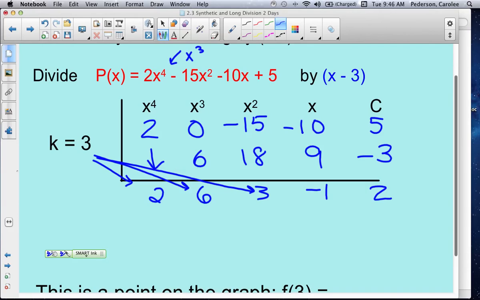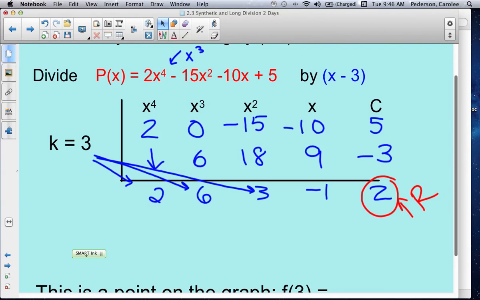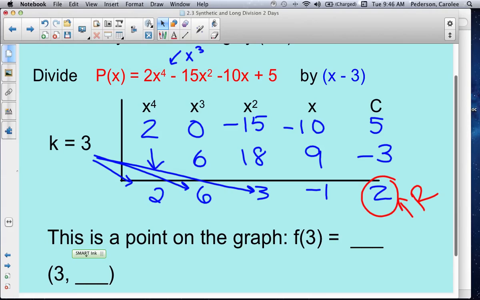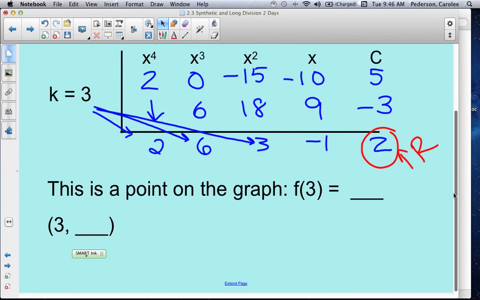Did we get a remainder? Yes. What is the value of our remainder? 2. So we know that x minus 3 is not a factor of that quartic function, but it can tell us the ordered pair. f(3) equals 2. f(3) equals whatever that remainder is.